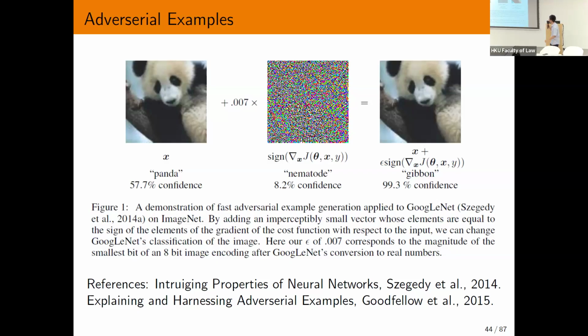On the other hand, the neural network that was trained to do image classification would report this as a gibbon with 99.3% confidence.